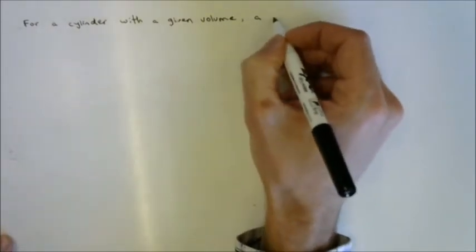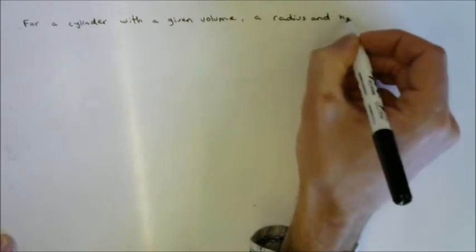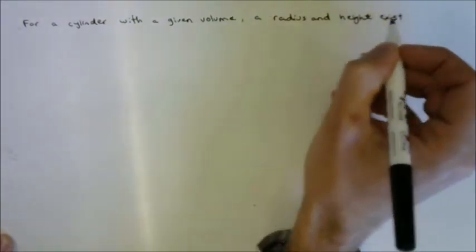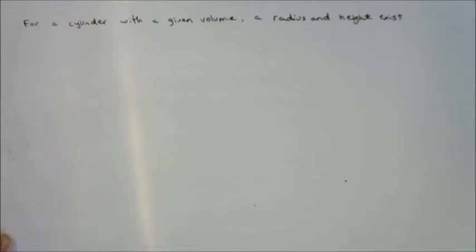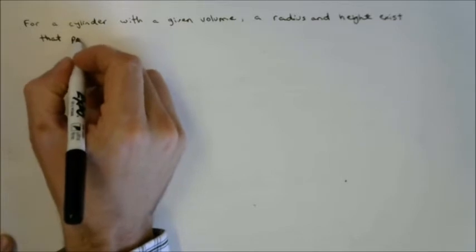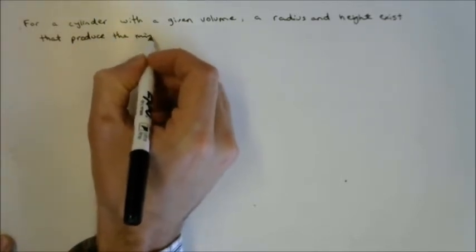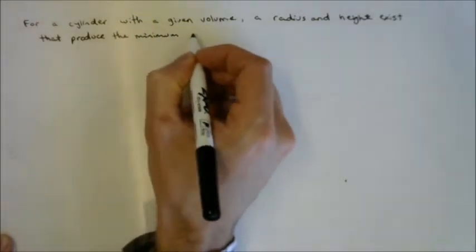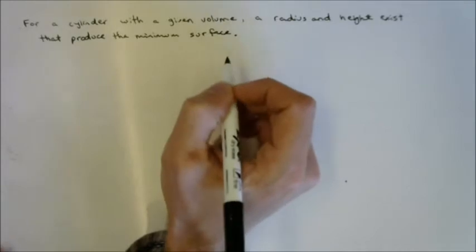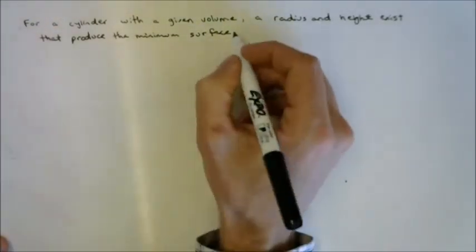For a given volume, a radius and height exist that produce the minimum surface area. So if you're given a volume, you can find the radius and height that will minimize the surface area.